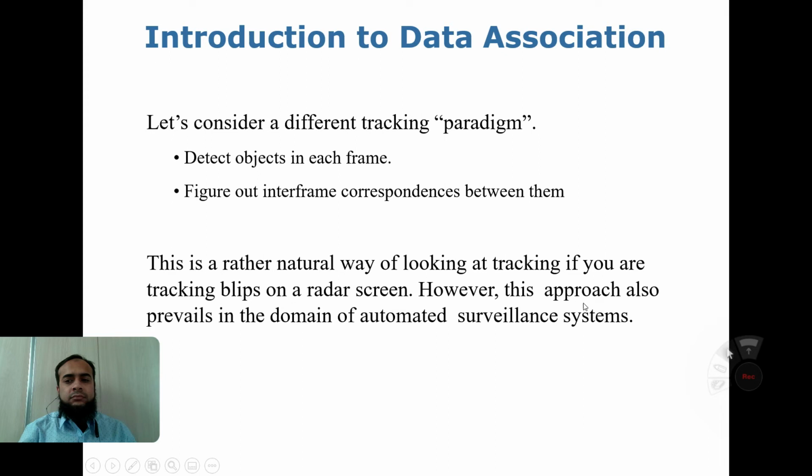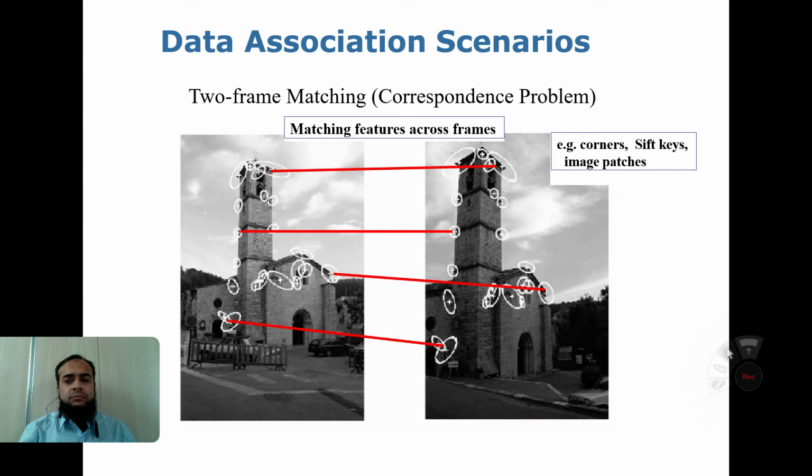However, this approach, the data association approach, also prevails in the domain of automated surveillance systems. As I already told you, data association is based on matching. It chooses the best match between the two frames or two scans.